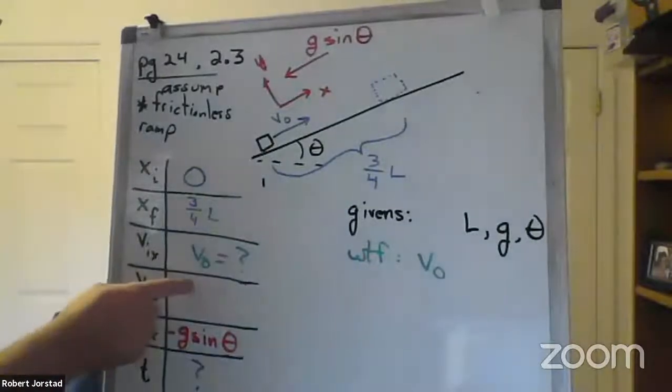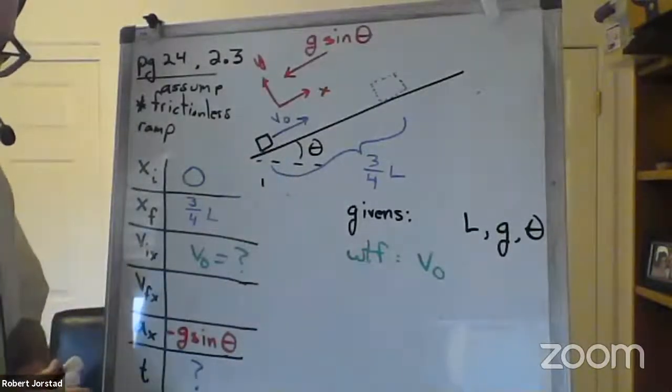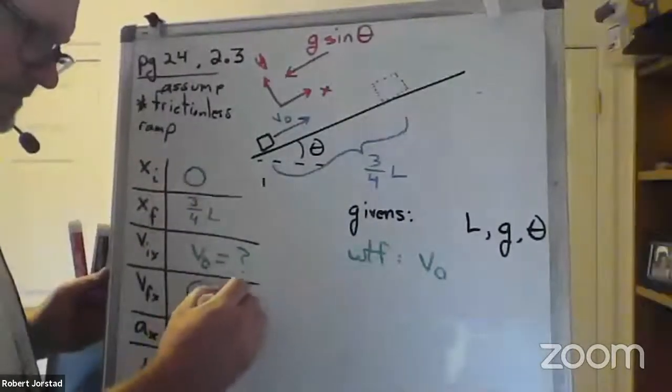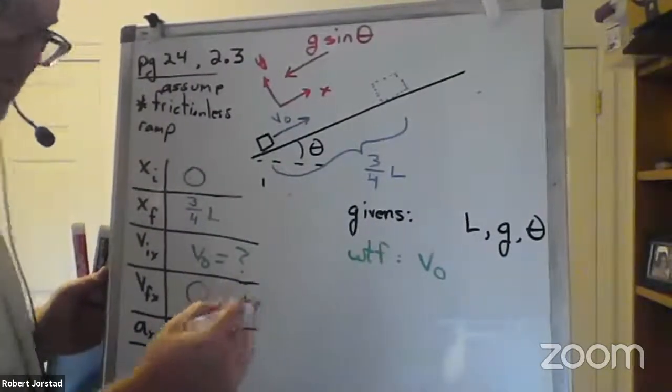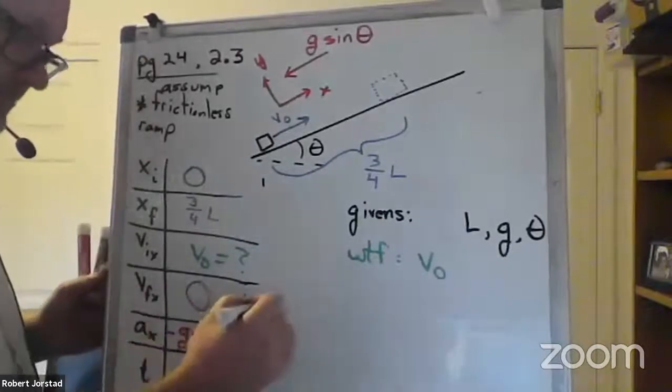Okay, v final x, what is that? Would it be 0? How do you know it's 0? Because it says it slows to a stop at 3/4 L. There you go, that word stop. Now, what does it do right after that? Starts accelerating in the negative x direction. Good.